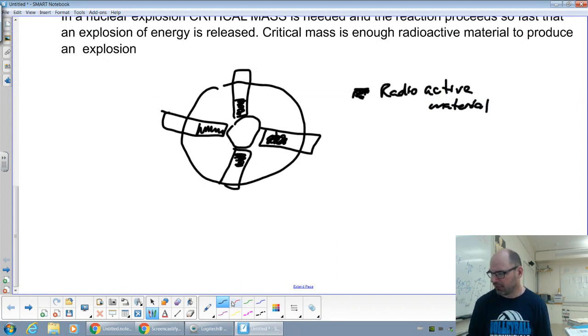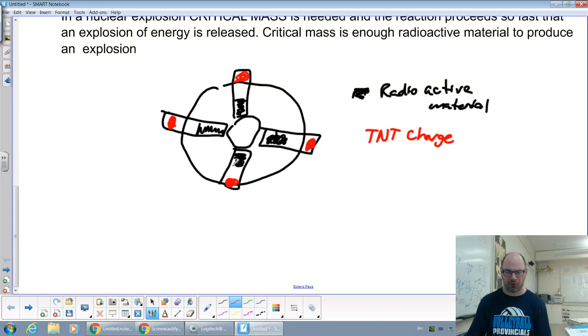And then on the outside of it, they just had tiny charges. And what they did was they blew this, and it would force the nuclear material into the chamber, creating a chain reaction with critical mass, and boom, explosion occurs.